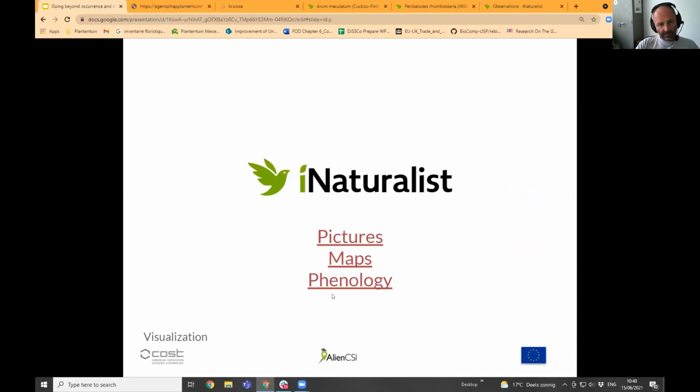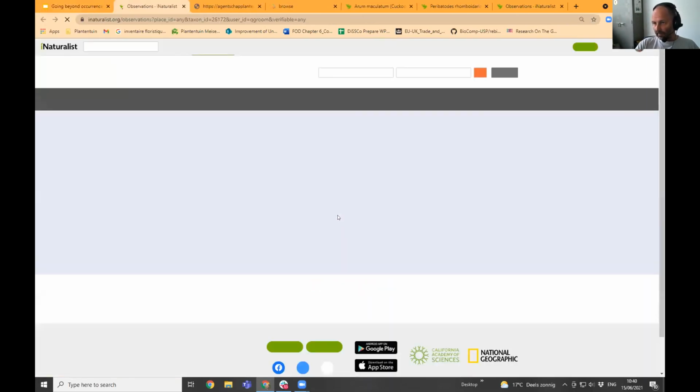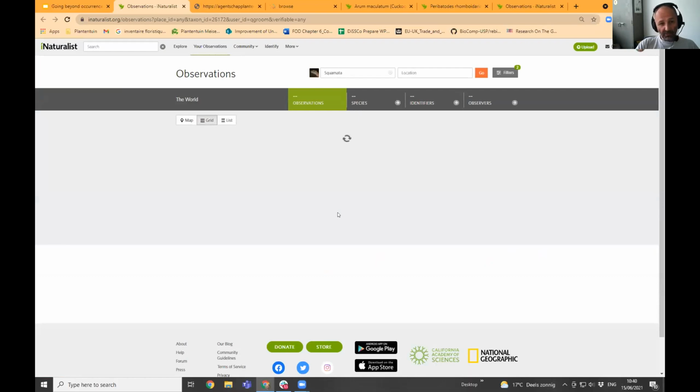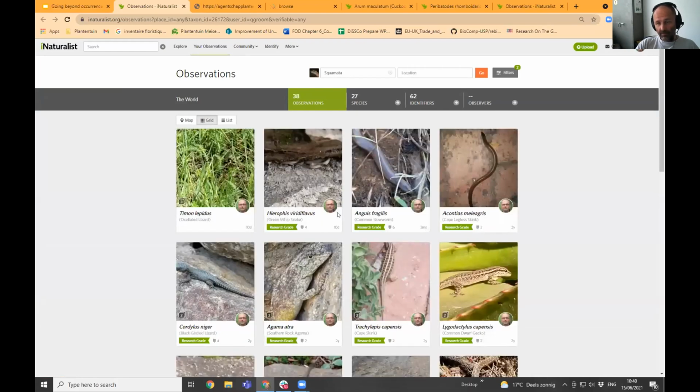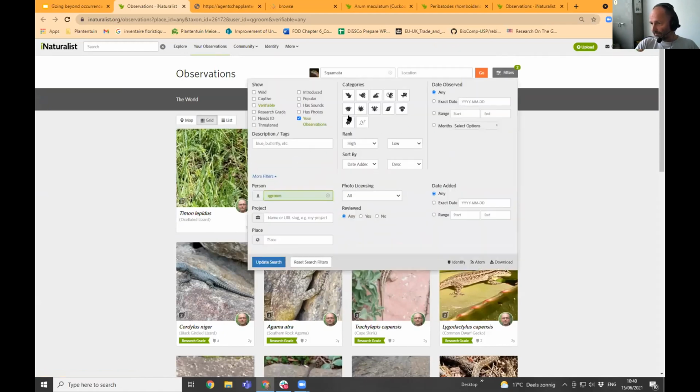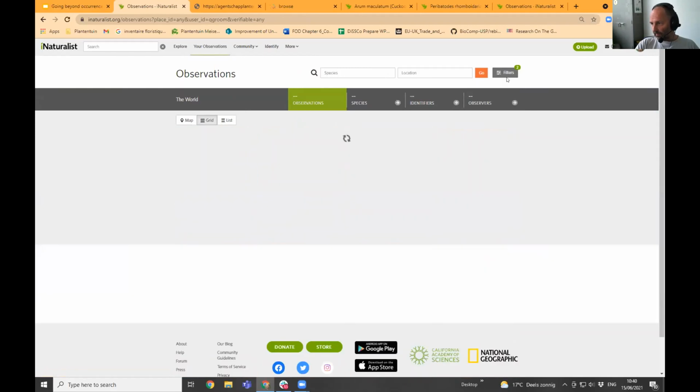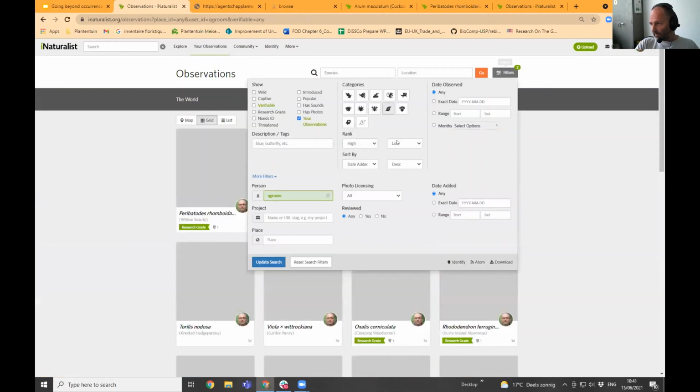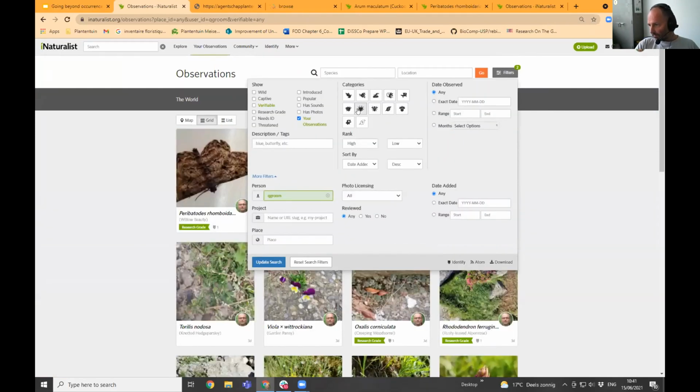So going back to iNaturalist, iNaturalist does collect these data, but it doesn't use them. So for instance, I'll go to my observations and filter on insects.